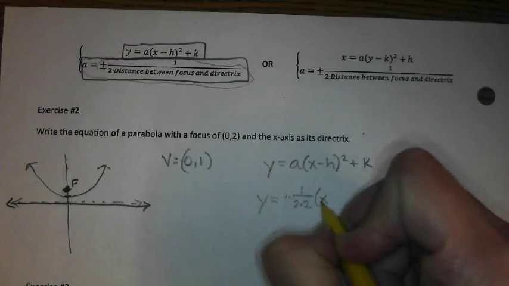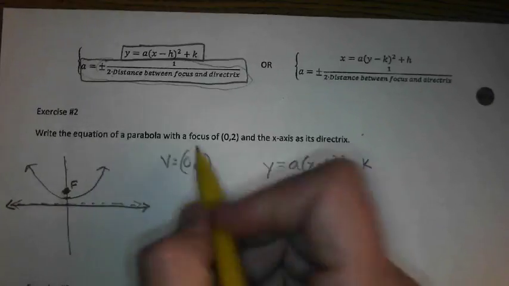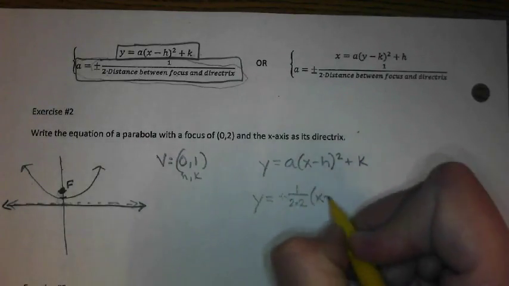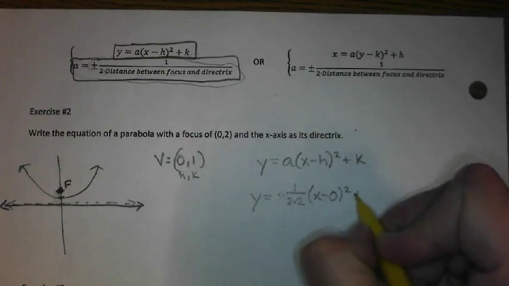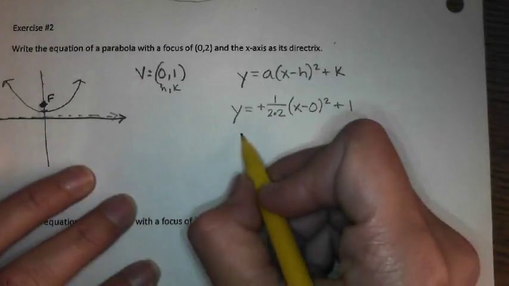What's my h? Micah? What's my h and what's my k? Someone help him out. HK is the vertex coordinates. This is h, this is k. So h is 0, so x minus 0 squared plus 1. And then this we will just reduce.